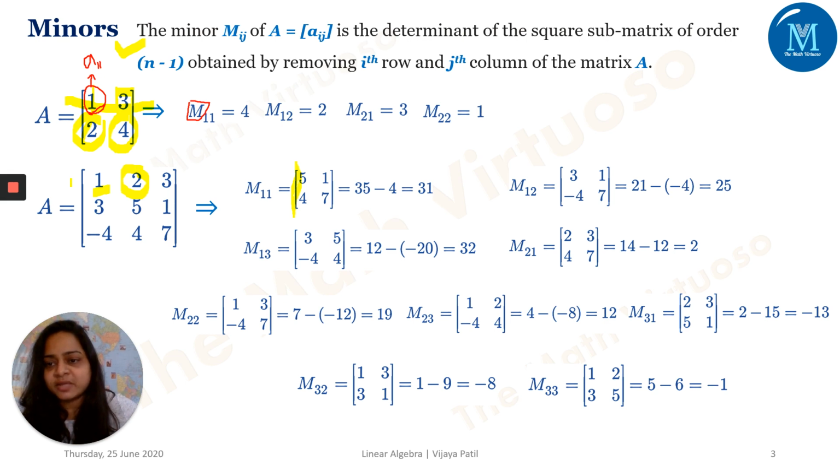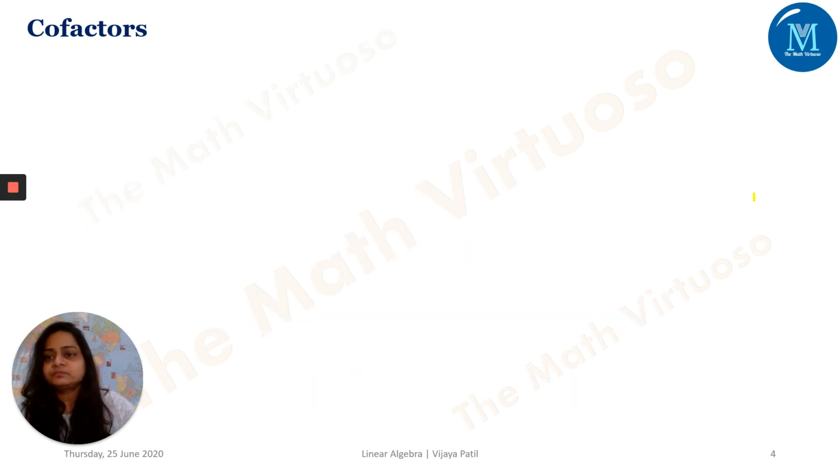So I have to hide my first row and my second column, and take the determinant of 3, 1, 4, 7, which comes out to be 25. Similarly, you can go ahead with M13, M21, and all the other elements. Cross check your answer rather than just watching the video, because I'm not explaining each and everything. You need practice also whenever you are doing it.